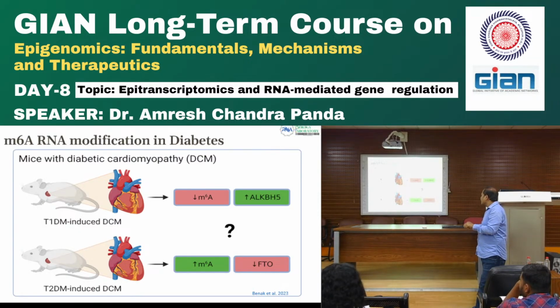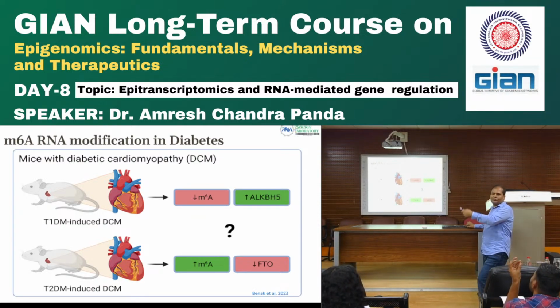Okay, here this is type 1, this is type 2, this goes up, and your FTO goes down. So if you want to reverse, you have to do the reverse basically. Okay, you can overexpress FTO and then you can get back the normal physiology.